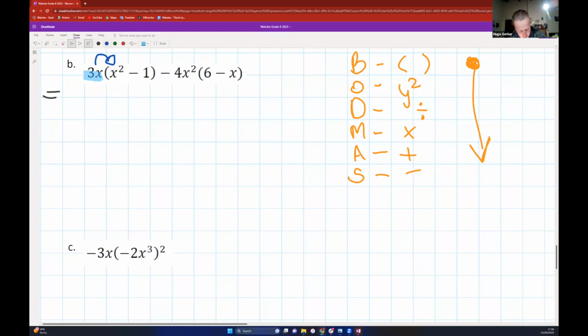And then step 2, we're going to multiply what's outside the bracket with the next term. So if we multiply 3x with x squared, we will get, in the chat, boys and girls, 3x multiplied with x squared.